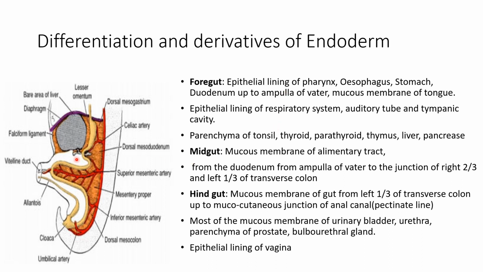Now, this is the midgut. So, the mucous membrane of the midgut. So, we have seen the foregut will end here at the ampulla of Vater.